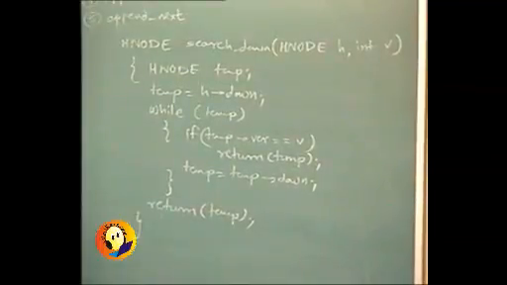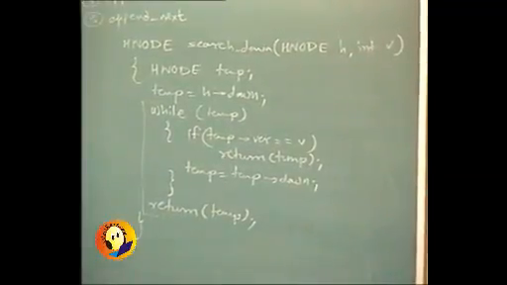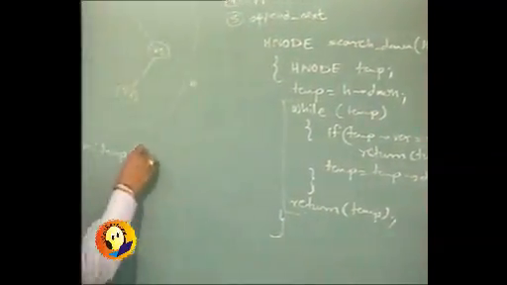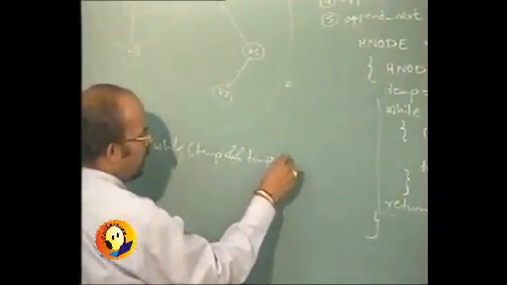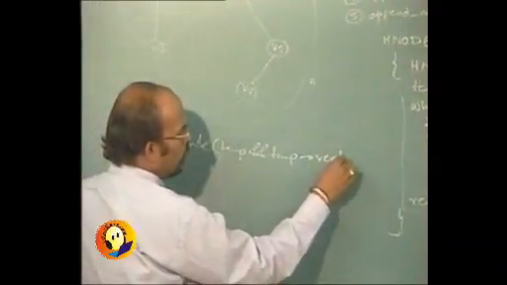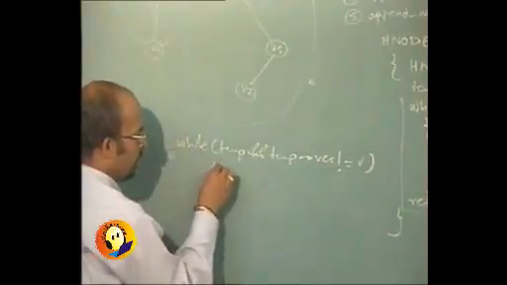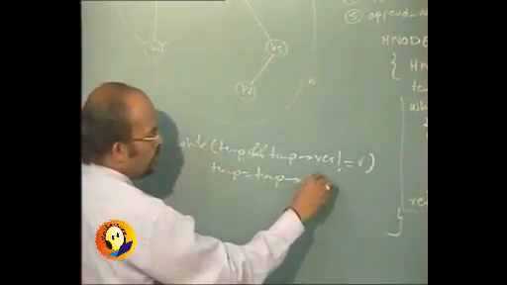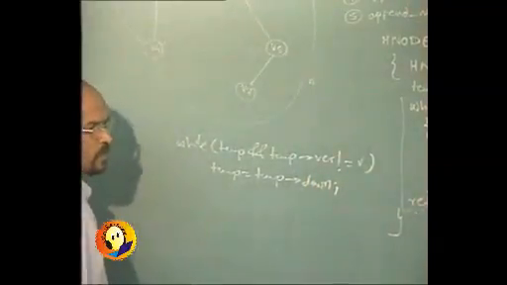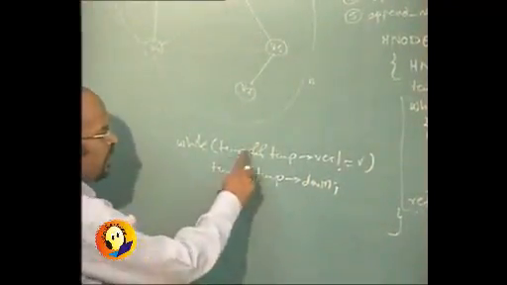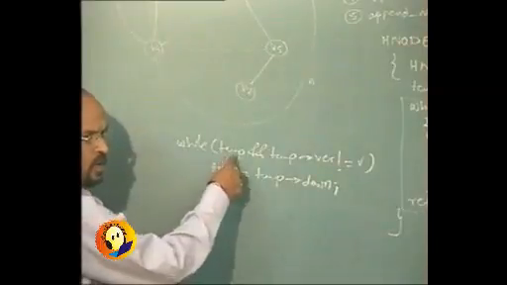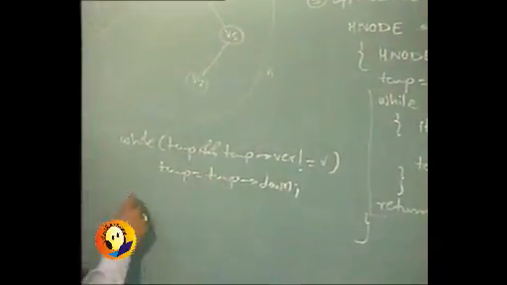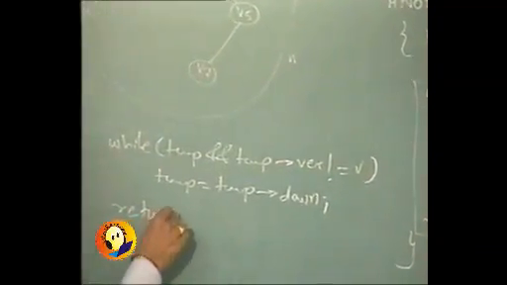Of course, the function can be very well modified and written as while temp and temp arrow VAR not equal to V, temp equal to temp arrow down. So exit will be on two cases, either temp is null or vertex matches. In either case you are going to return temp.